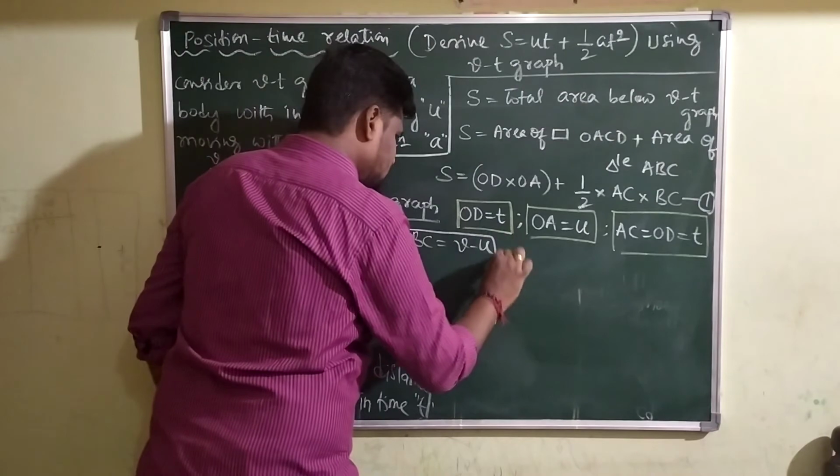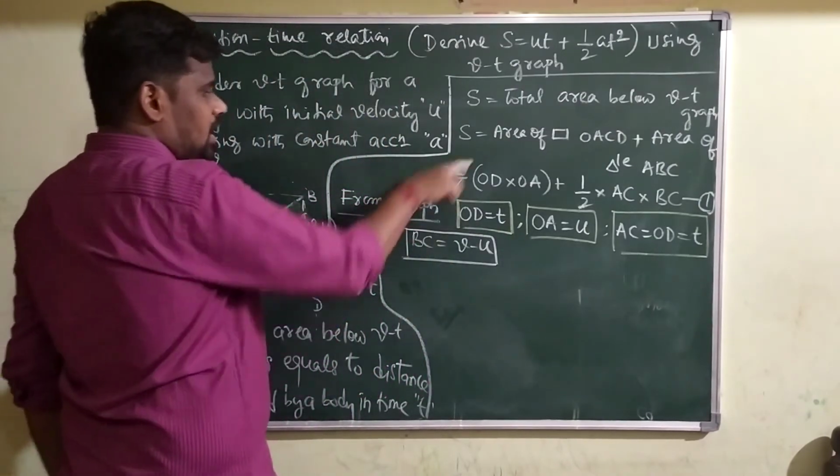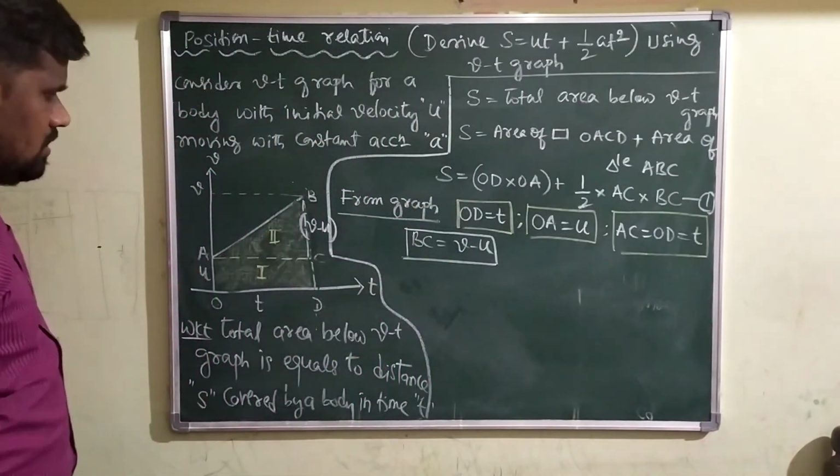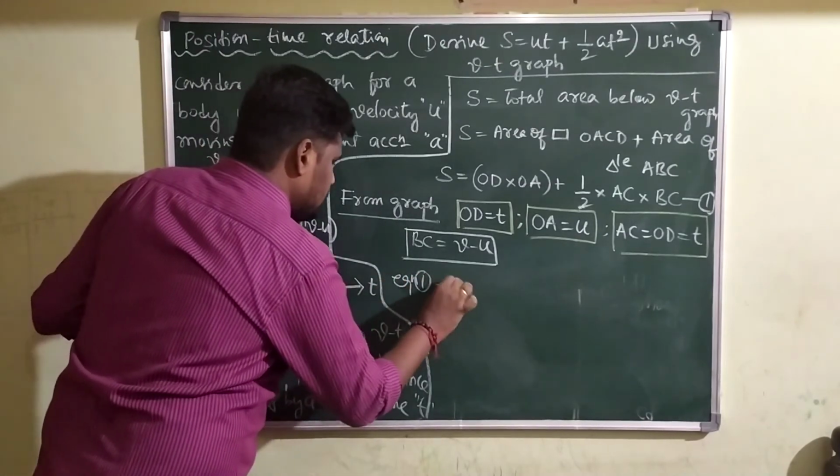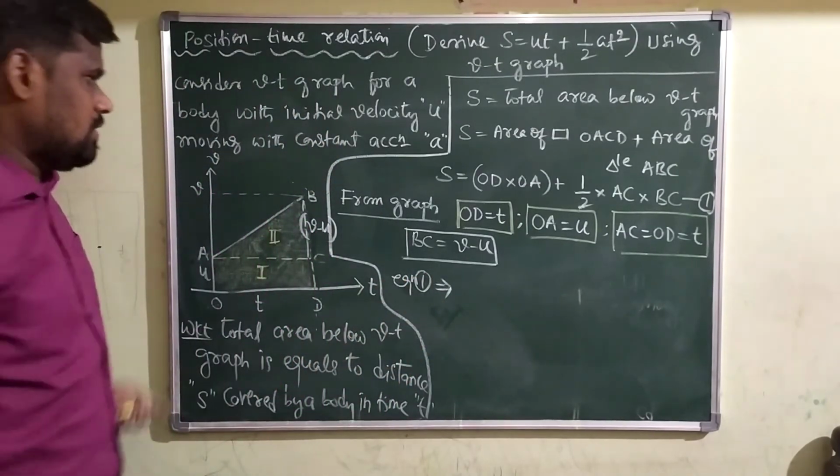Substitute these values from the graph in equation number 1. Now tell me what happened to equation number 1?